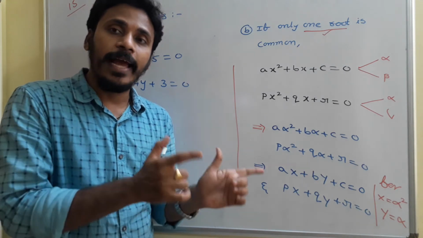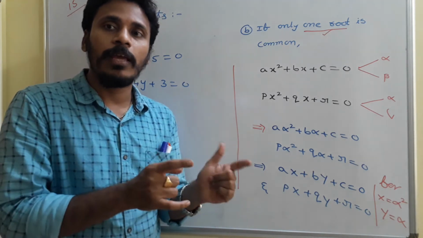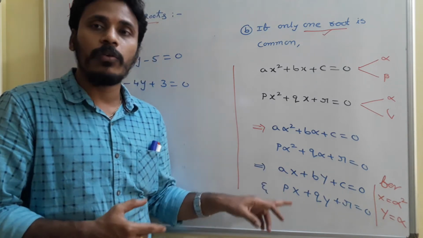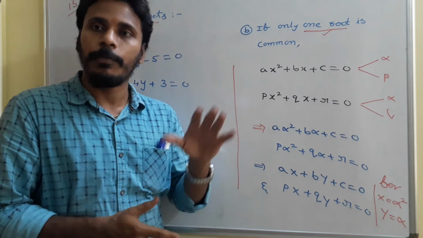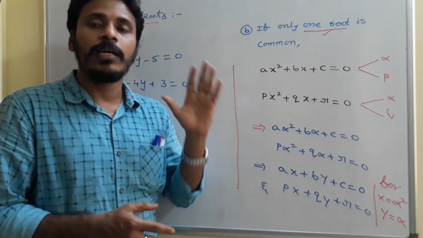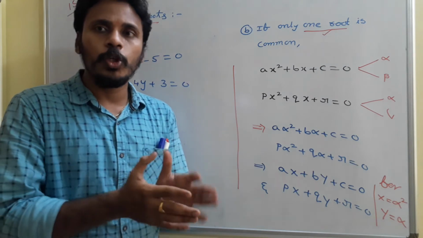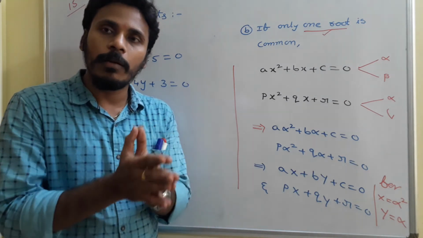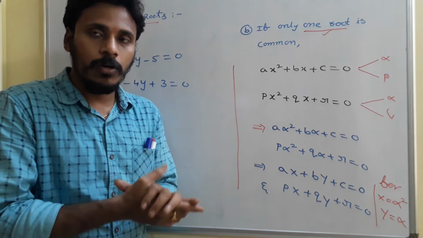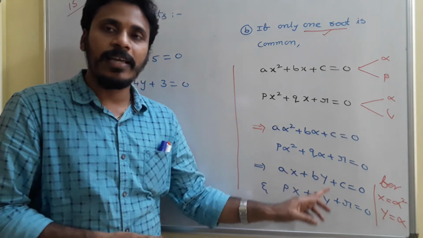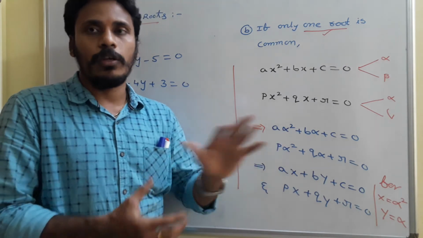We have different methods like the elimination method, substitution method, graphical method, trial and error method and determinant method. We usually call the determinant method the shortcut method, and now I will go with that shortcut method to find capital X and capital Y.